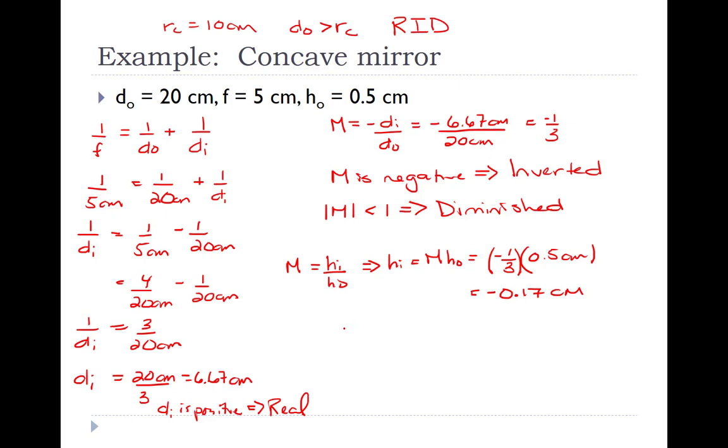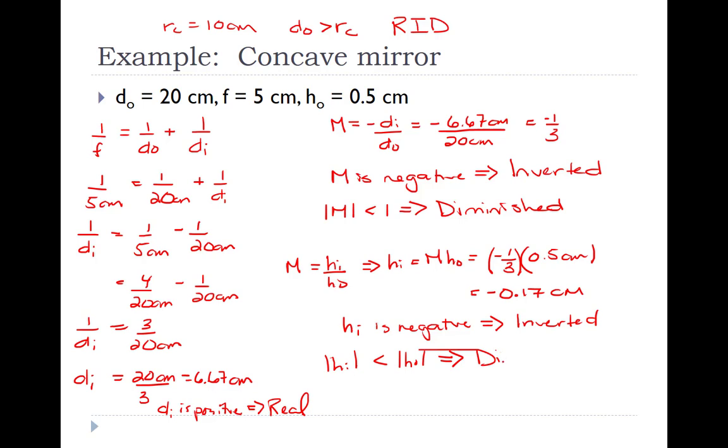As before, I can pull off of HI the same information I was pulling off of M. So I see HI is negative. That again tells me it's inverted. And again, if I compare HI and HO, I see that HI is smaller.